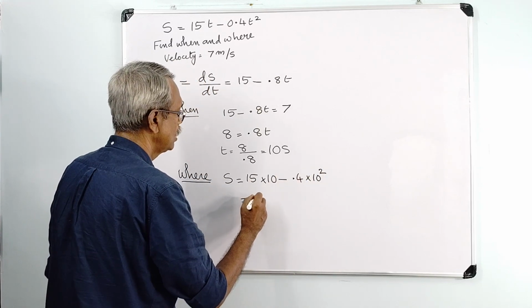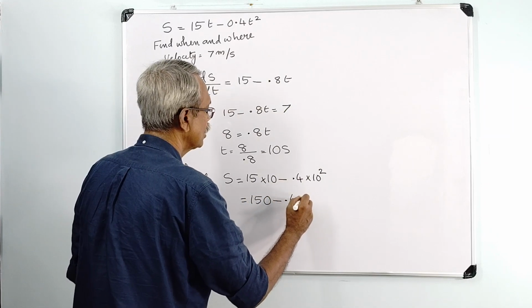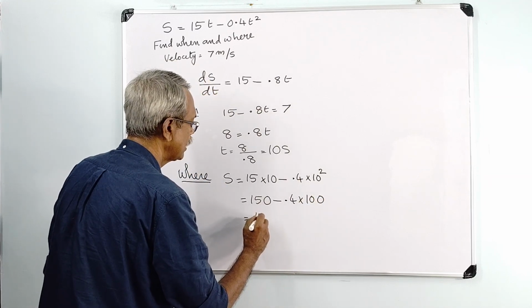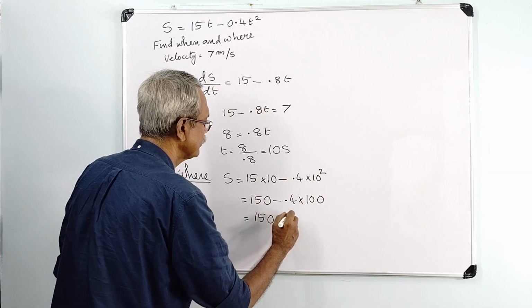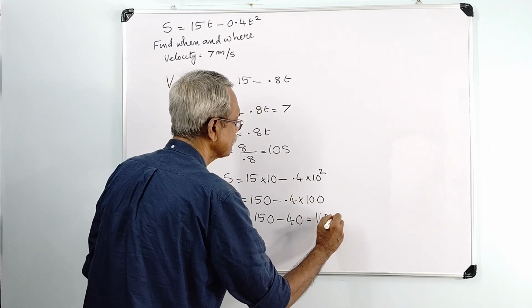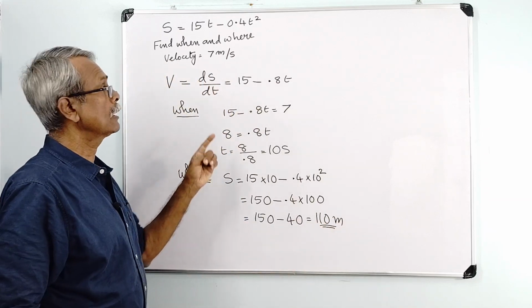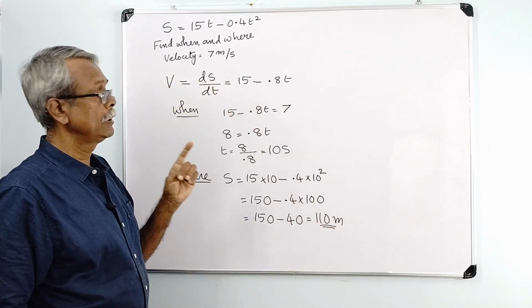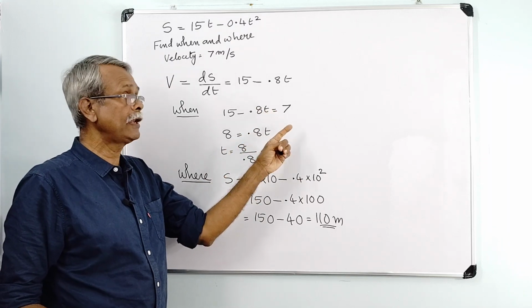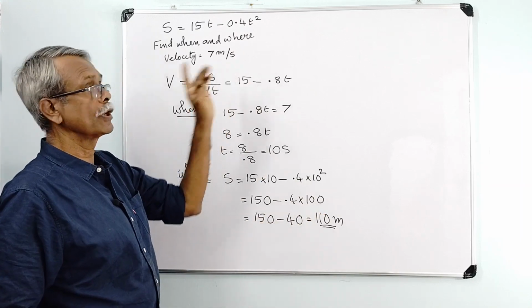That is equal to 150 minus 0.4 into 100, that is equal to 150 minus 40, equal to 110 meter. Therefore, the particle will acquire a velocity equal to 7 meter per second when it is at 110 meter from the origin.